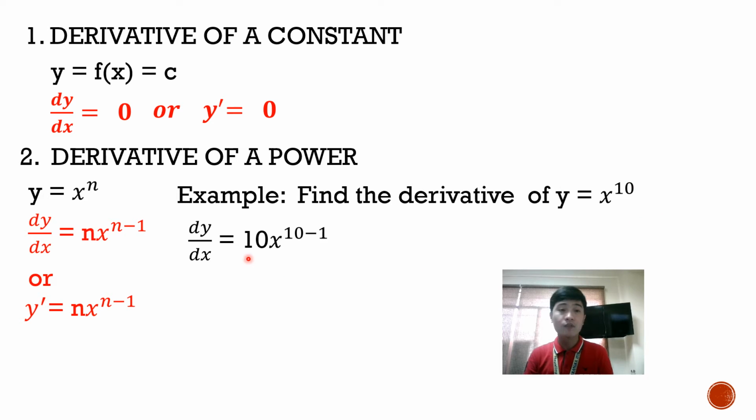So the derivative of y in terms of x, applying this one, that is equal to 10x raised to 10 minus 1. So binaba natin yung exponent, and then raised to 10 minus 1. Sinundan lang natin itong pattern na ito. So ang resulta, the derivative of x raised to 10 is equal to 10x raised to 9. So, yan po yung magiging derivative ng function natin. Just follow this pattern, okay?